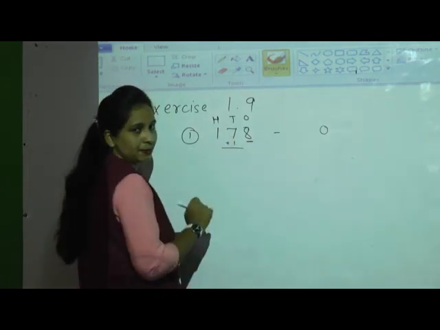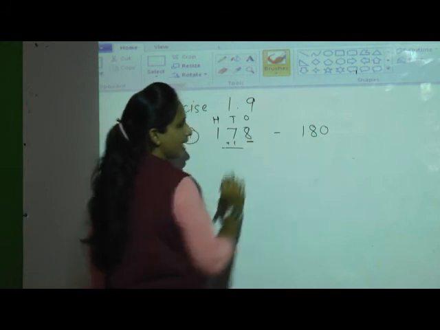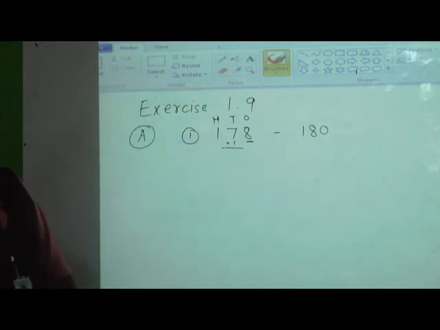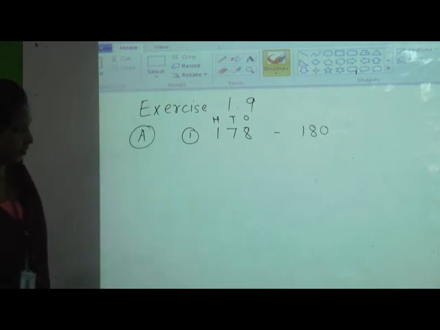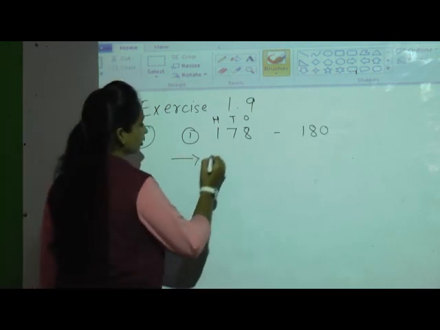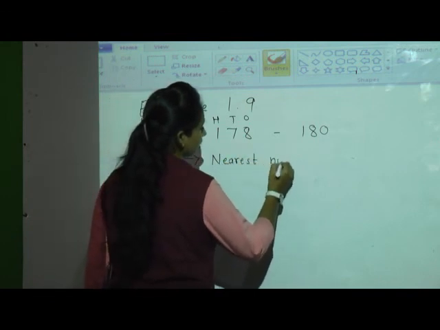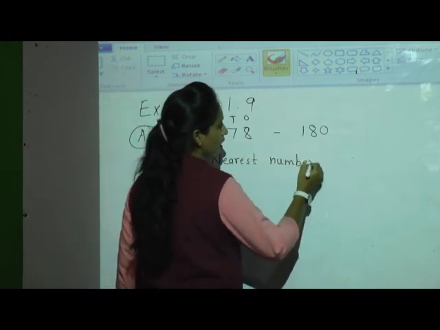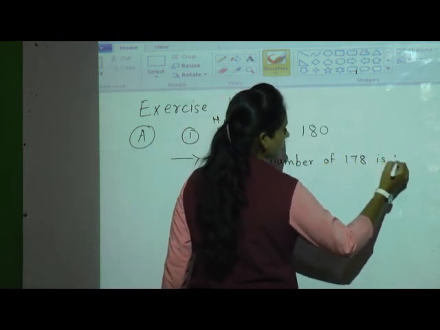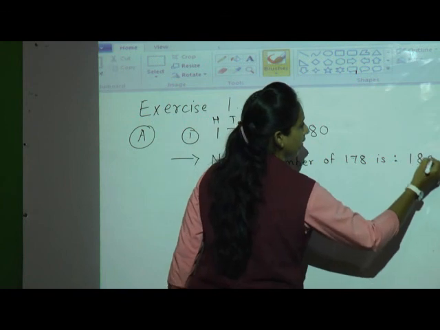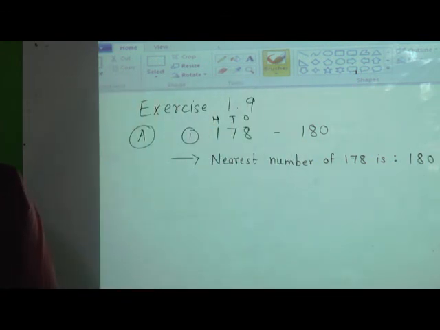So 7 plus 1, 8, and hundreds place as it is. Got it? So how will you write the answer? Nearest number of 178 is 180. Understood? You will write in this way.